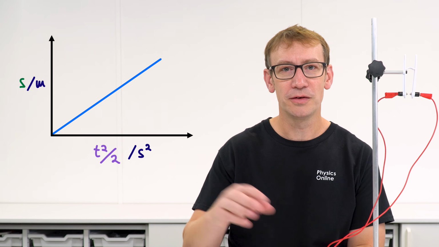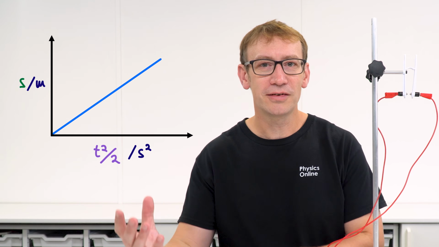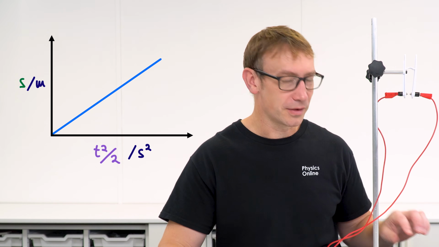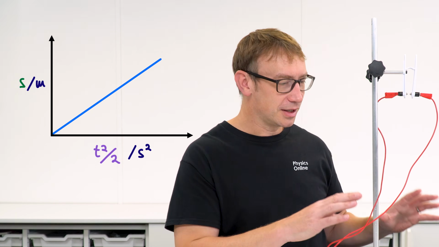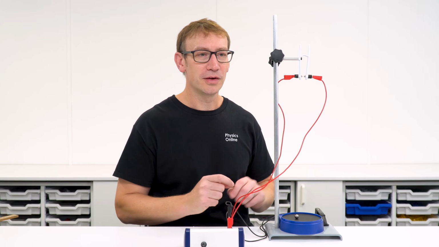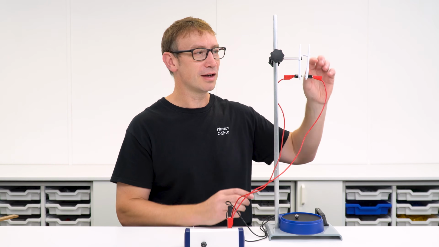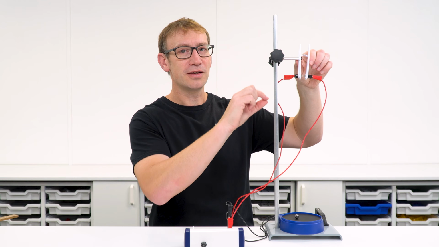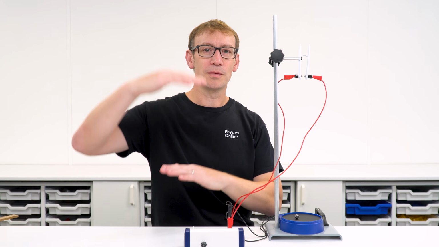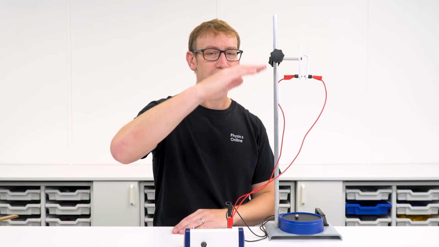So you take the time, you square it, divide by 2, and in this case that would mean the gradient would be equal to the acceleration of that object. Now you might see a limitation here, which is that this retort stand isn't very tall, so you might find a taller retort stand so you can set the initial height much higher, or you might do it off the edge of the desk so you can get a much greater range of heights than just what we have on the retort stand here.